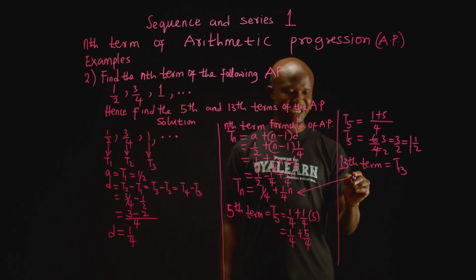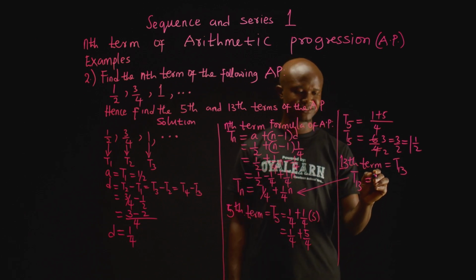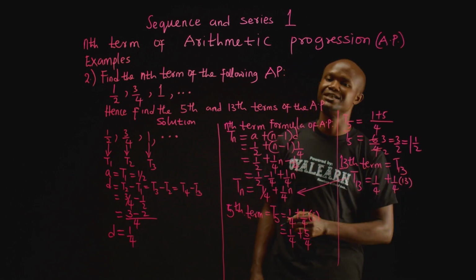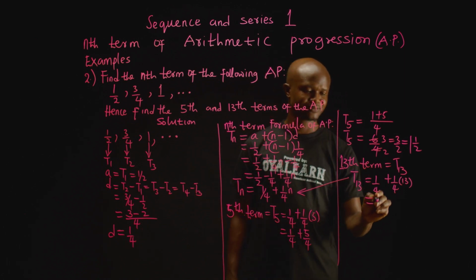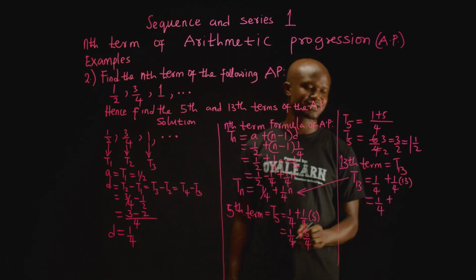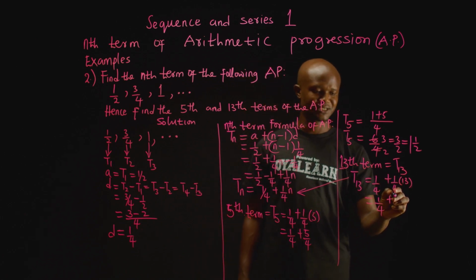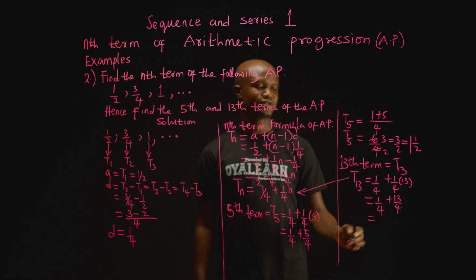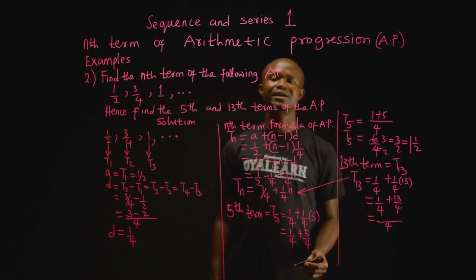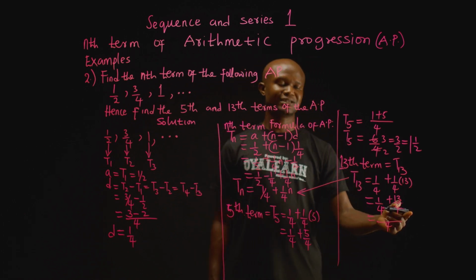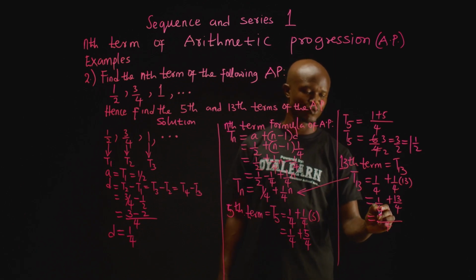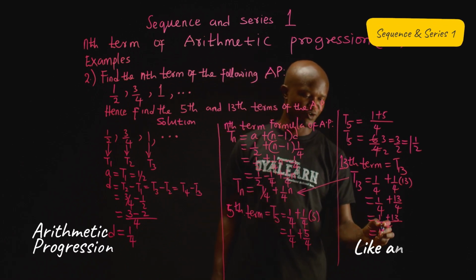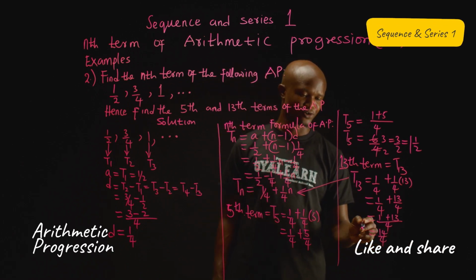So in this case, it means that anywhere we see n, we are going to put 13. 1/4, then plus 13 times 1, that is 13 over 4. Now, since their denominators are the same, we can have 1 plus 13 at the numerator. 1 plus 13 will give us 14. So we now have 14/4.